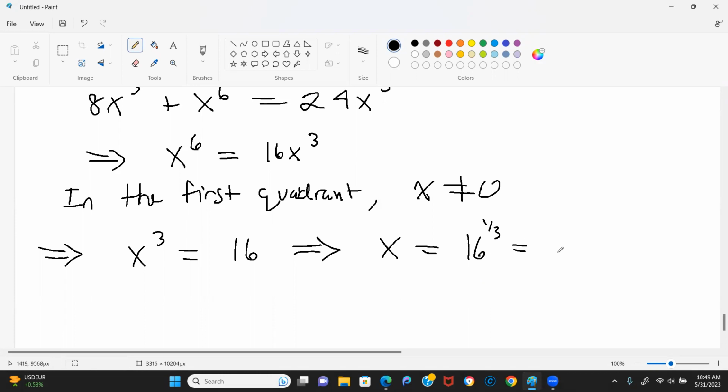I'm just following the book a little bit. You can write 16 as 2 to the 4th, so it's going to be 2 to the 4 thirds. I don't really know why you care to do that.